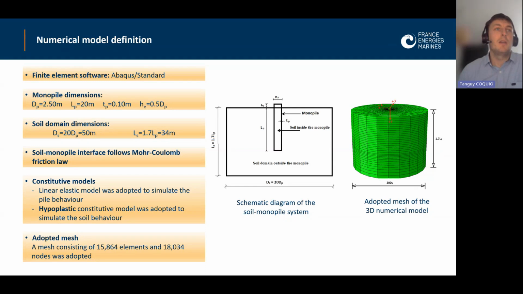The soil-monopile interface was modeled using the Mohr-Coulomb friction law, and for the soil we considered two types of law. The first one is the hypoplastic constitutive model that was compared to the Sanisand constitutive model to simulate the soil behavior. The FEA analyses were performed using the Abaqus software.